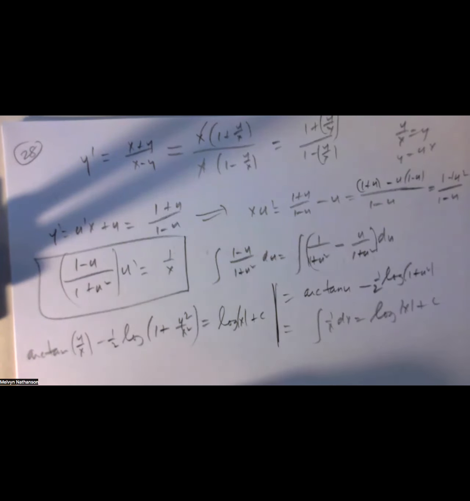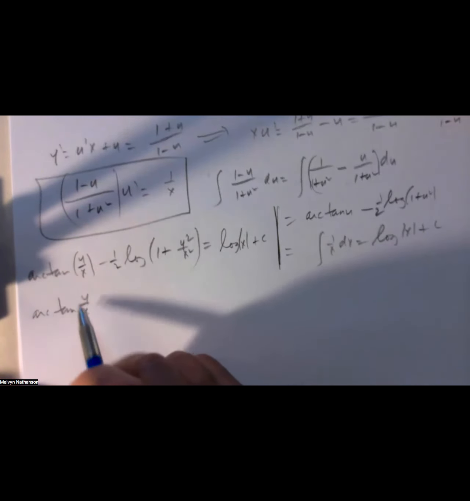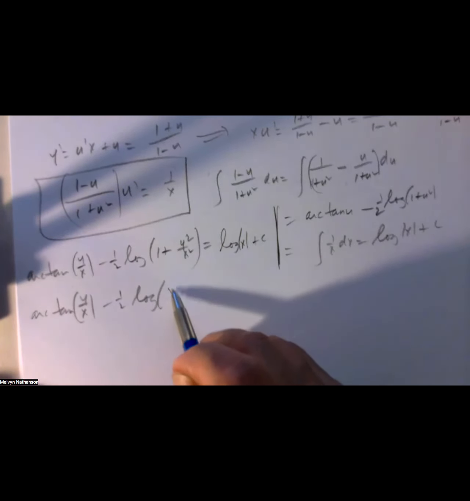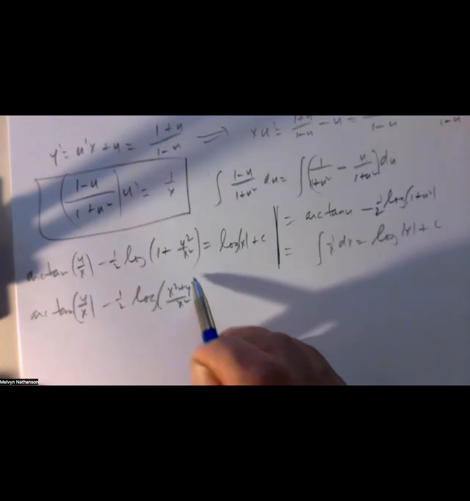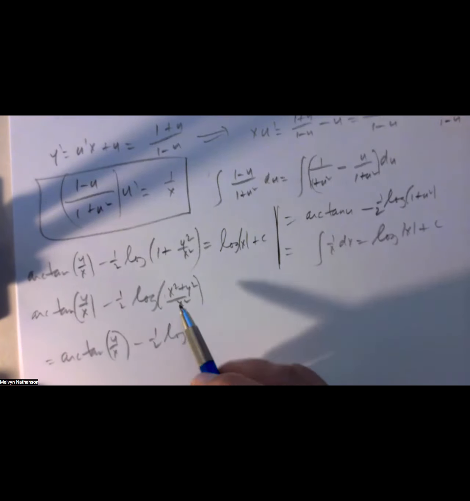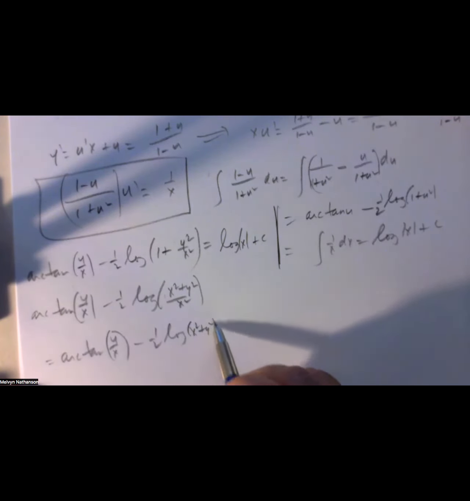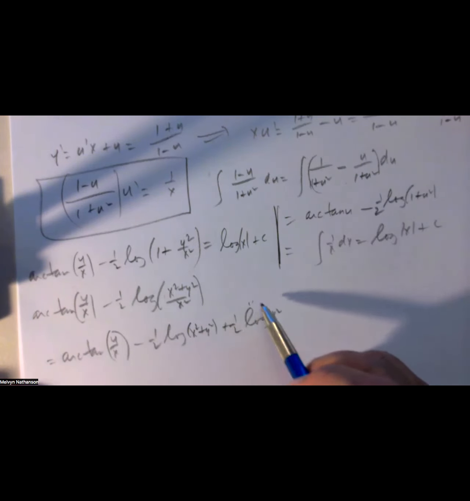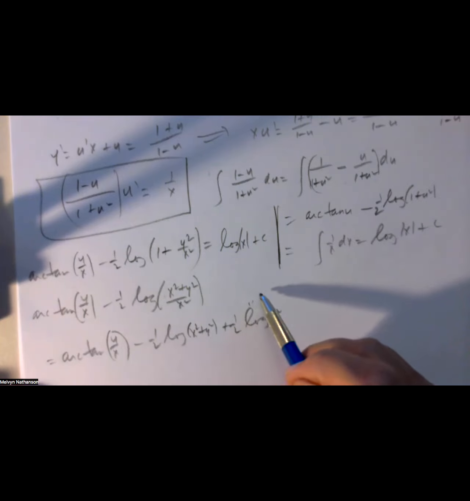Let's see, let me write this differently, simplify it a bit. So I have arctangent of y over x minus a half times the log. This is x squared plus y squared over x squared. So this is arctangent of y over x minus a half times the log of x squared plus y squared plus a half times the log of x squared, which is the same as a half times 2 times the log of x.